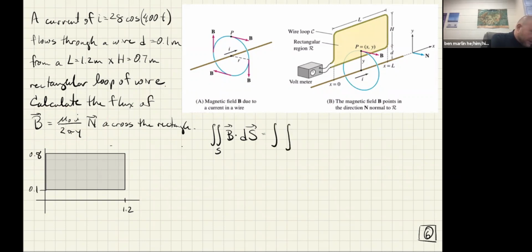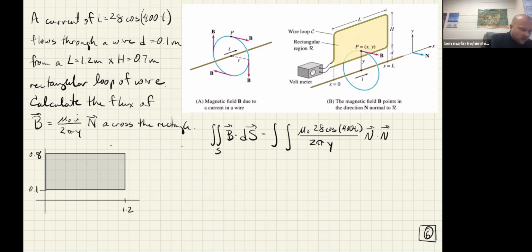And then the B needs to have a mu naught, and the I is given to us with this 28 cosine 400t, divided by 2 pi y, and then the n vector.